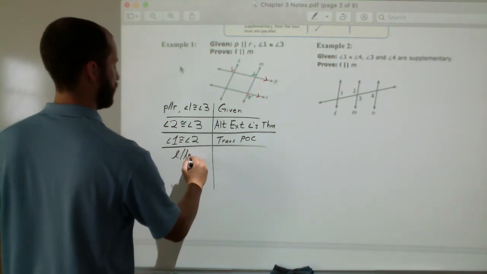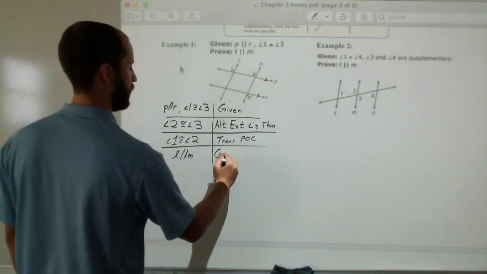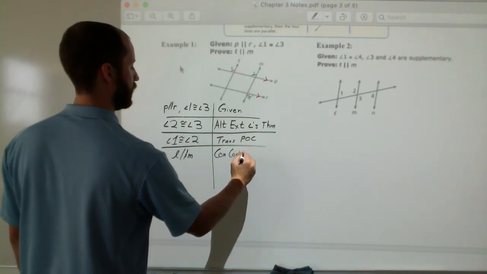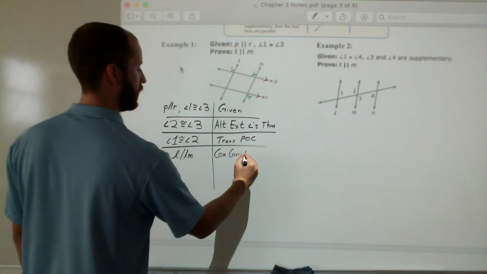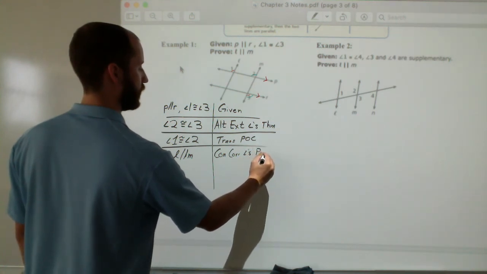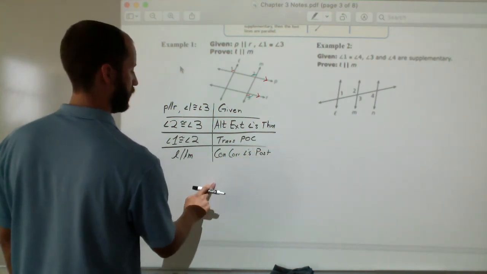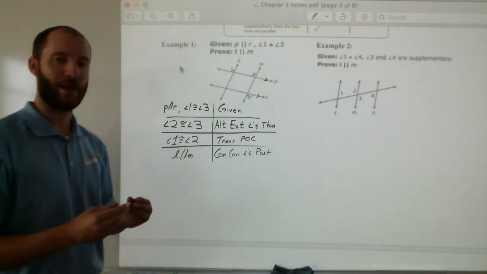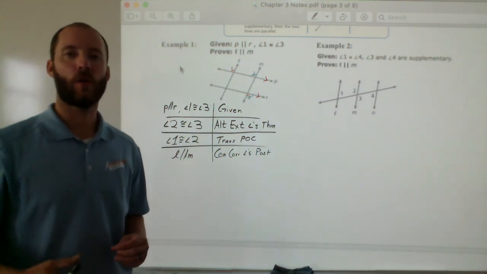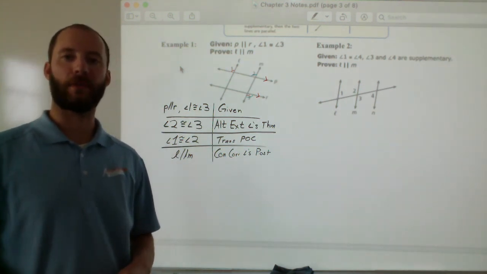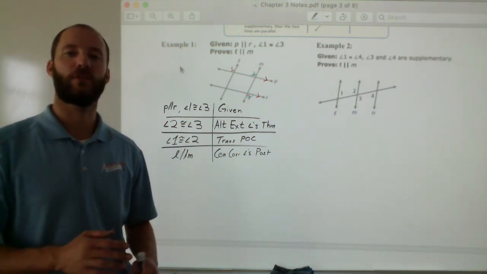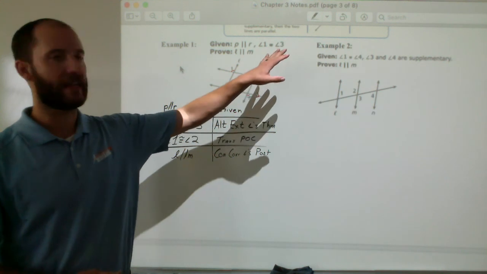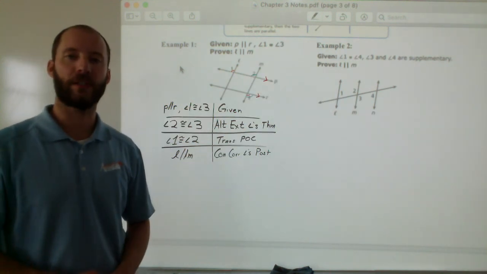That means that the two lines are parallel by the converse of the corresponding angles postulate. All right, get a pair of angles congruent or a pair of same-side interiors supplementary. You can use your converse theorem or postulate to prove the lines are parallel. So you can take a look at example 2 and check my completed notes online.